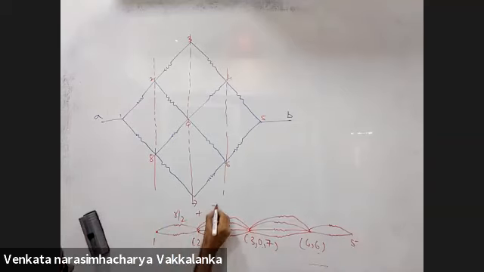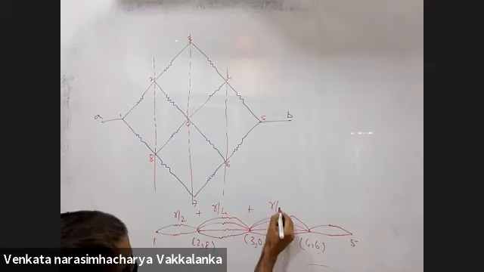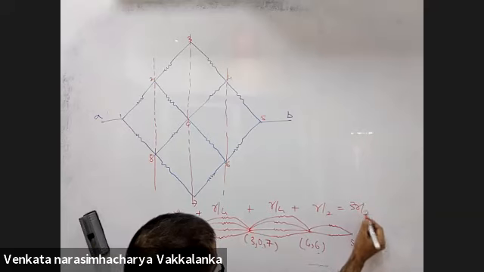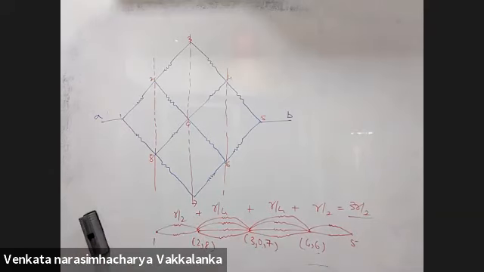R by 2, R by 4, R by 4, R by 2 is 3R by 2, the equivalent resistance across AB. So far, so good.